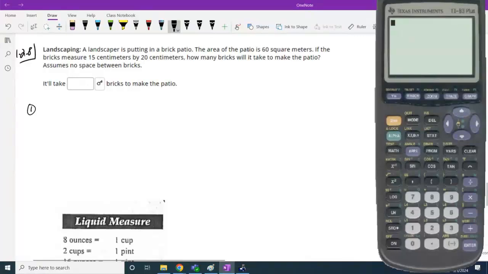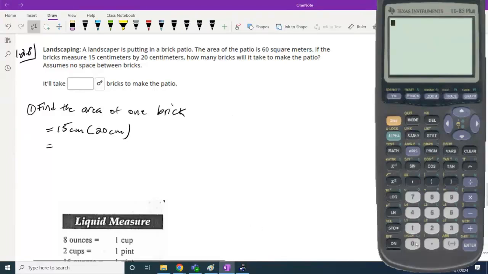So the first thing I'm going to do is find the area of 1 brick. Right? So it says the brick measures 15 centimeters by 20 centimeters.